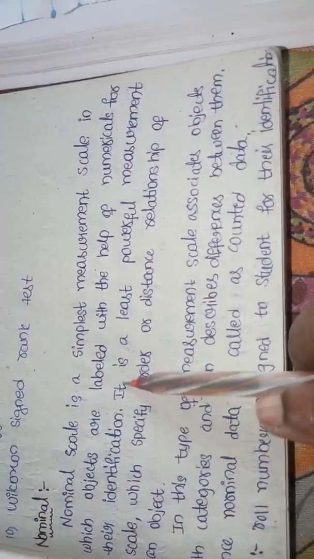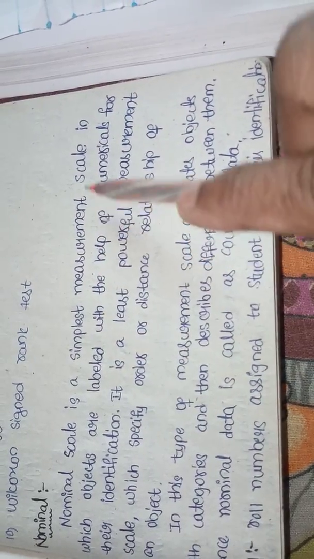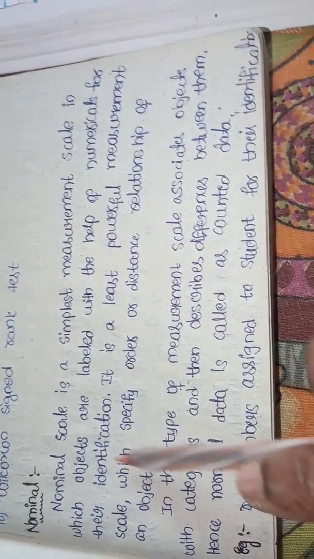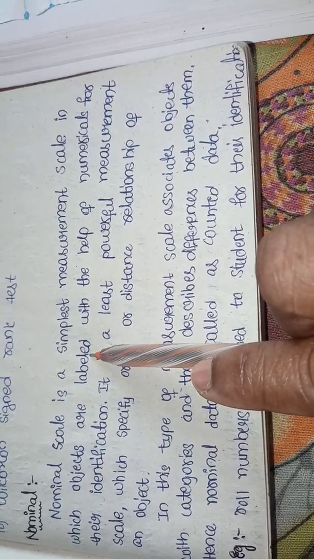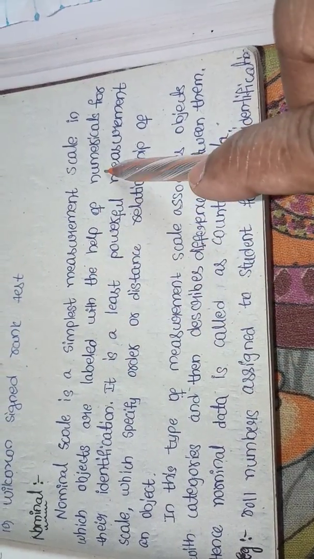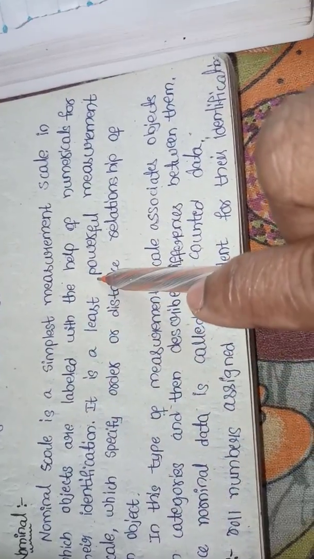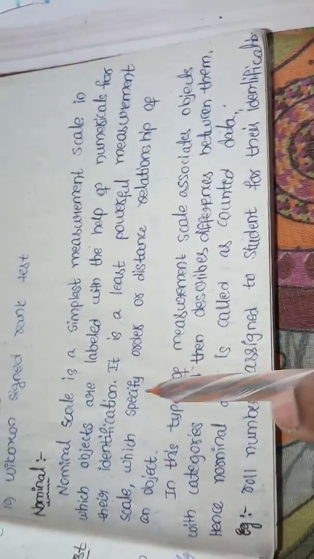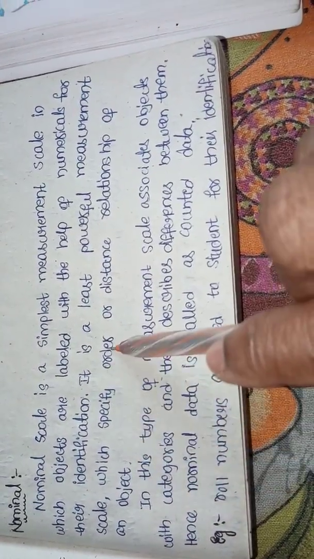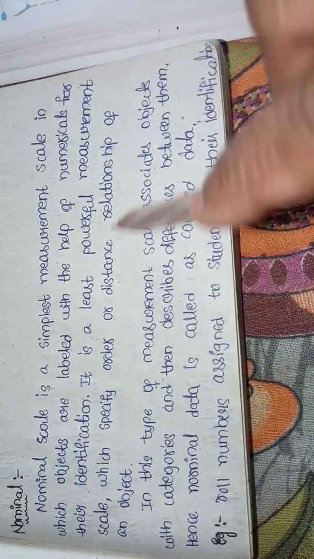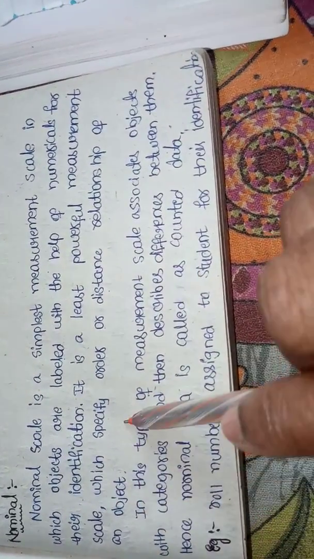So nominal scale is the simplest measurement scale in which the objects are labeled with the help of numericals for their identification. It is the least powerful measurement scale, which does not specify order or distance relationship of any object.